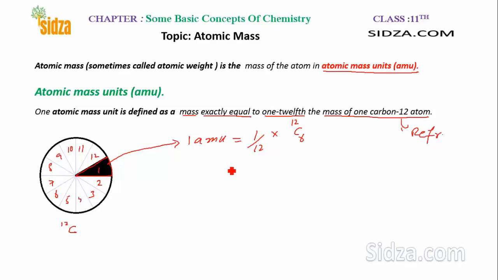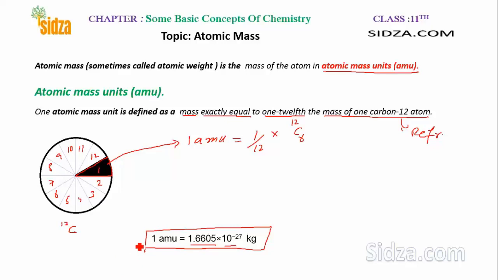And 1 AMU, when expressed in terms of kgs, is equal to 1.6607 times 10 power minus 27 kgs. You can see how small this unit is.